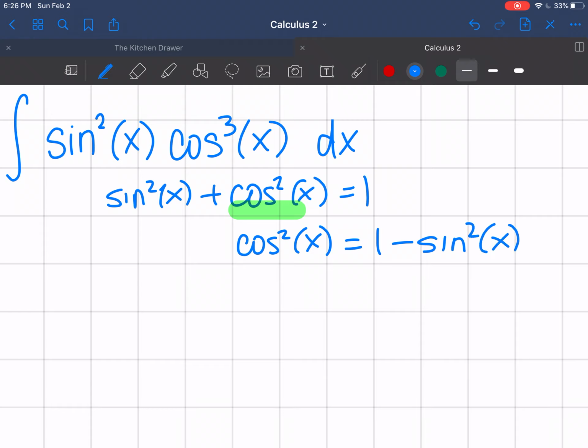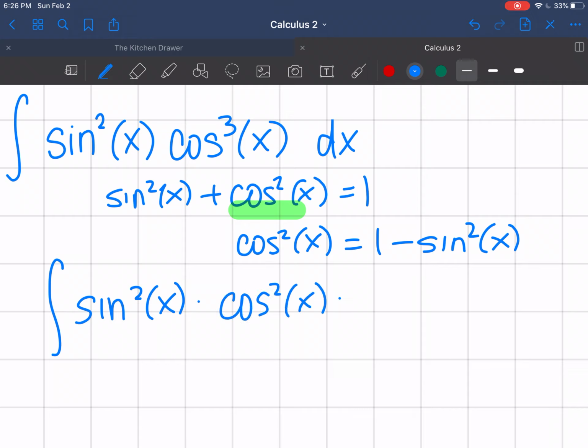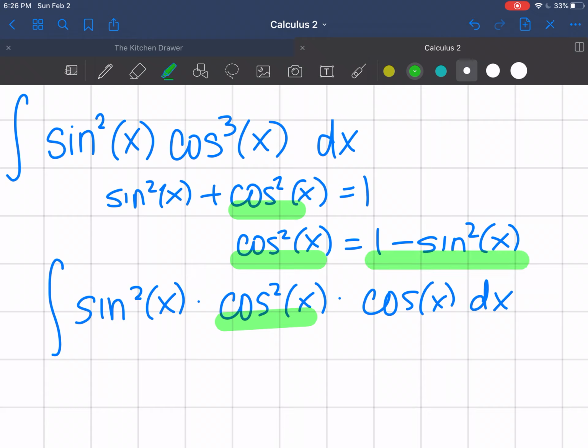And so we're going to do a replacement, thinking of rewriting this antiderivative. We have sine squared of x, okay, and then times cosine squared of x times cosine of x dx. Okay, so what we'll do is we're going to replace this cosine squared of x with this expression, 1 minus sine squared of x.